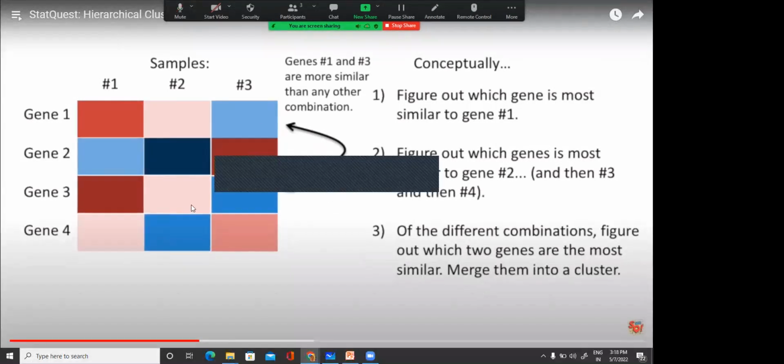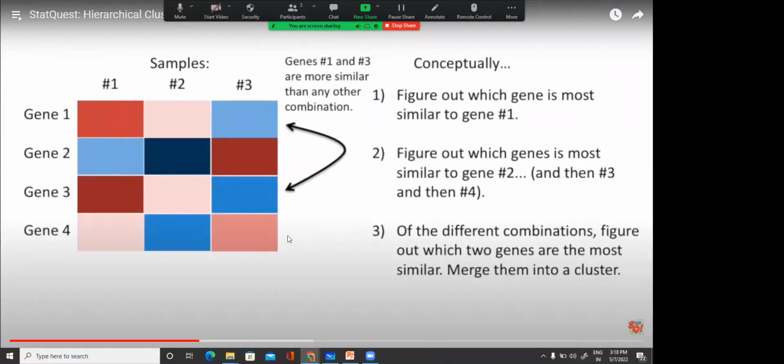So which 2 genes would you say are most similar? Depending on the color. Yes.